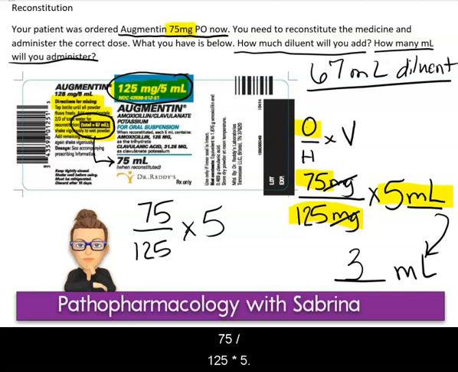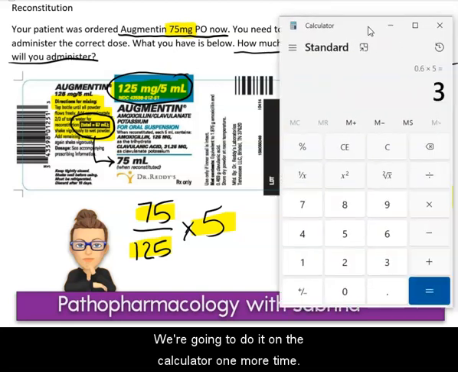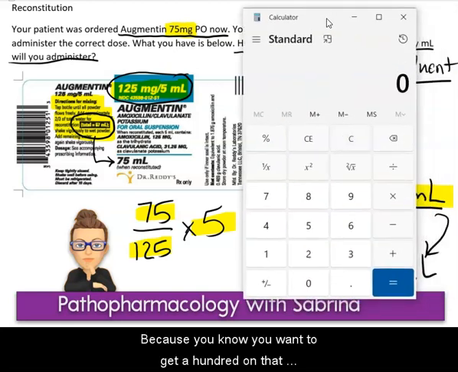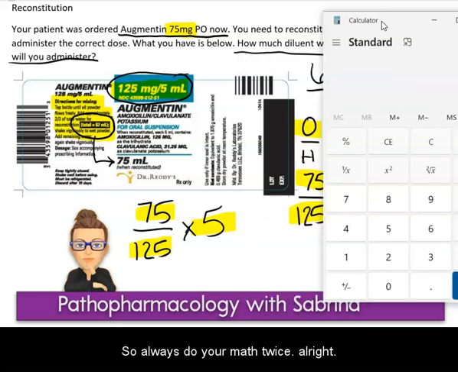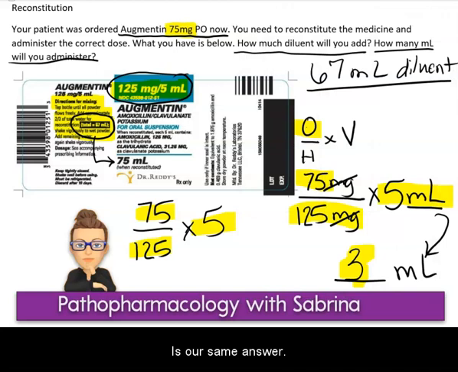Okay, so 75 divided by 125 times 5 equals 3 milliliters. We're going to do it on the calculator one more time, because you know you want to get 100 on that Patho Phys math quiz. So always do your math twice. All right, 3 milliliters is our same answer.